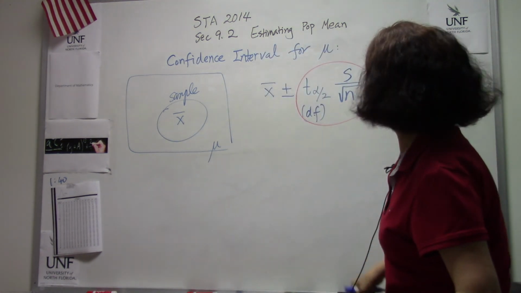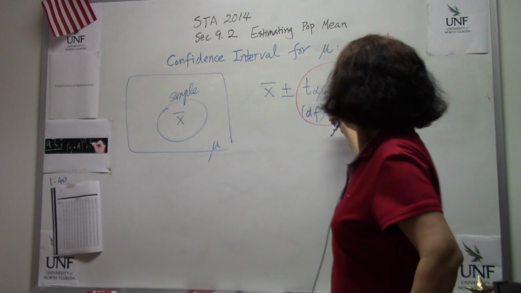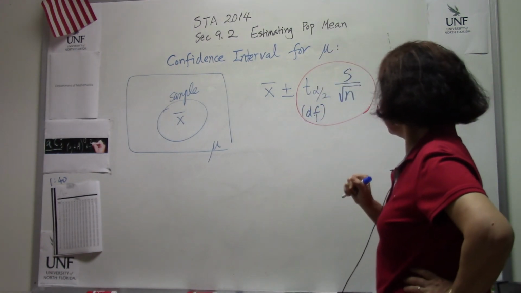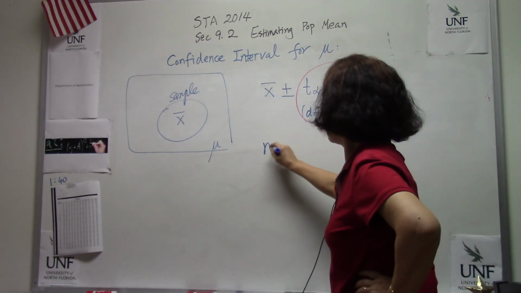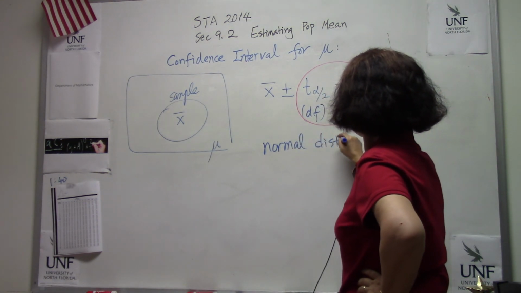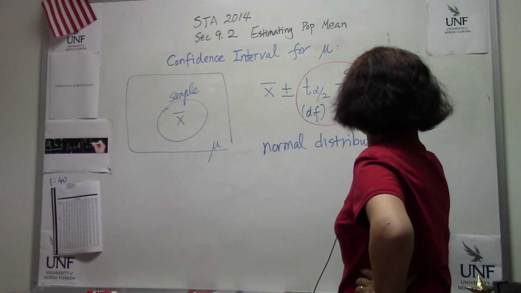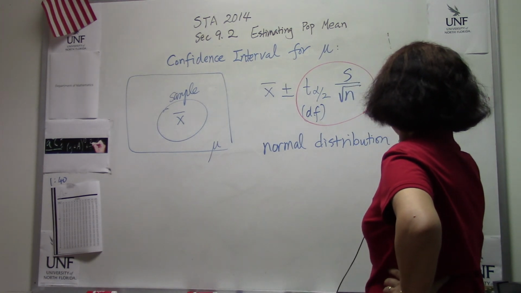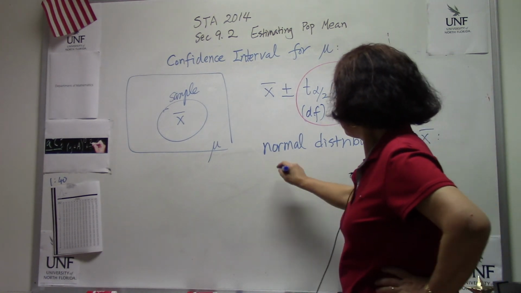And what about this? It is going to be a normal distribution of x bar. In order to have this, what do we have to do?